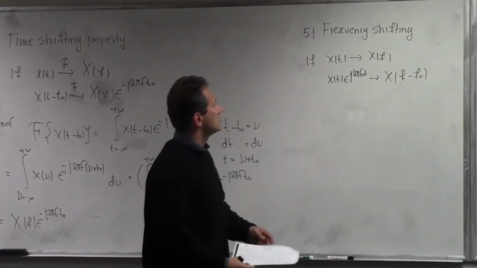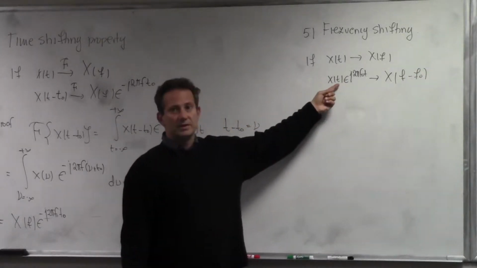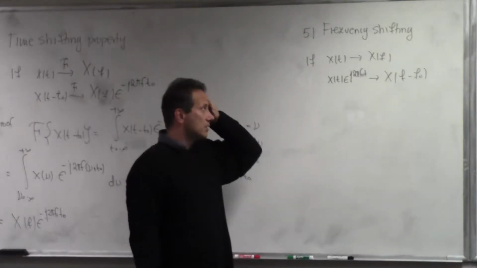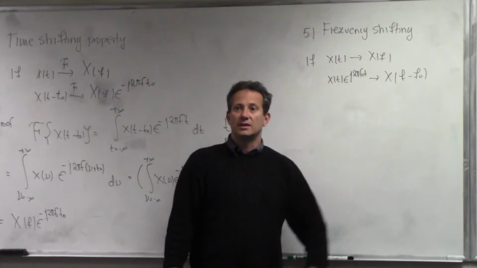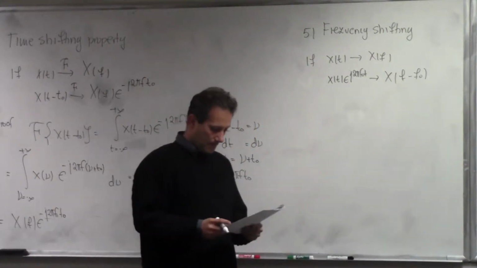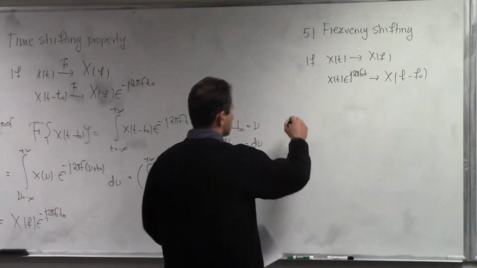In other words, the Fourier transform of a signal multiplied by this complex exponential is essentially the translated signal in the frequency domain.